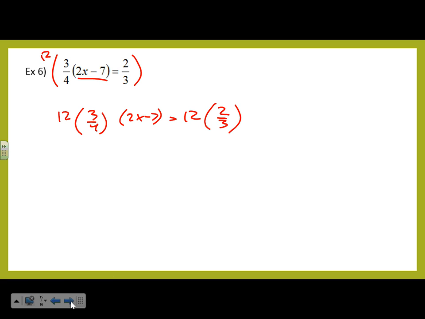So that means we have 36 over 4 and 24 over 3. And again, 36 over 4 we can reduce down to 9. 24 over 3 is 8. And now we have a normal equation with no fractions.